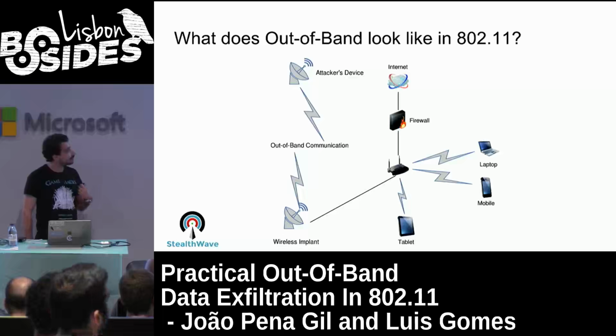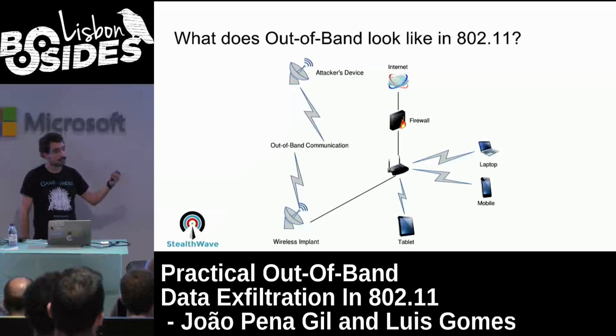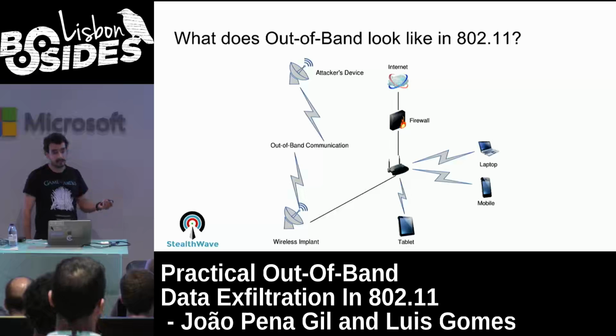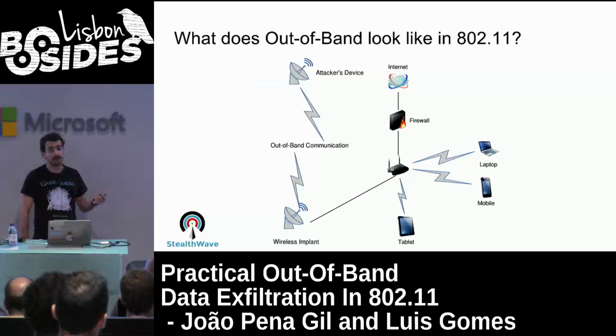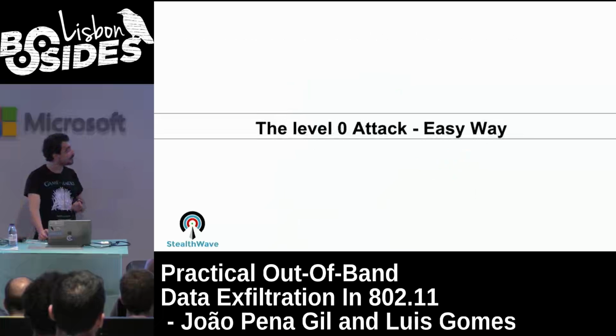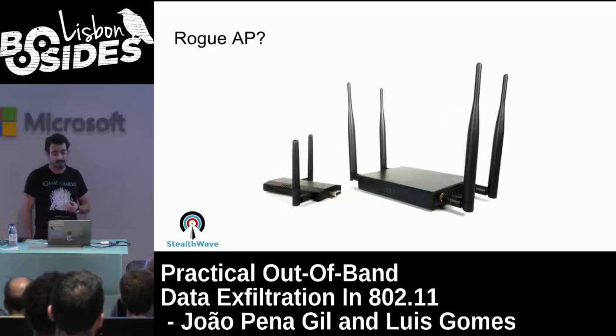Now, what are the problems we might face? The real point of this is to get communication and data across without being detected. So even though the prior art has done this semi-successfully, the very first thought of how to implement something like this would probably be the level 0 attack, which is the easy way.